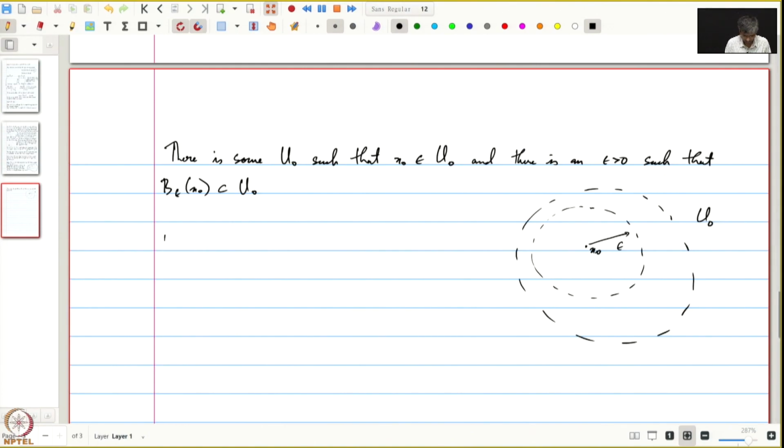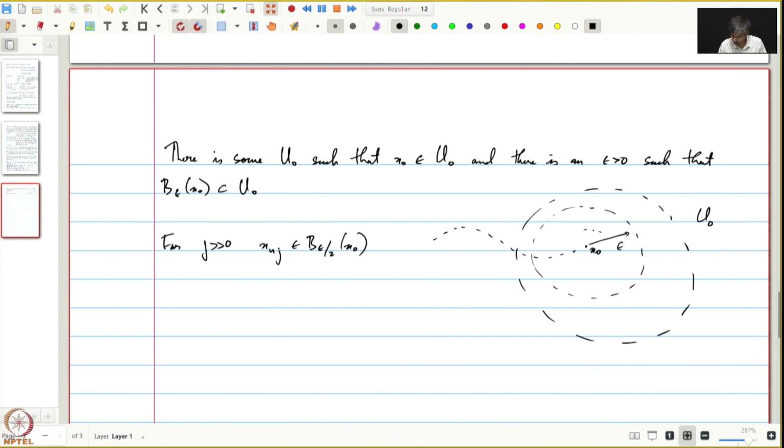Yeah. So for j very large, since our x n j converges to x naught, x n j is going to belong to the ball of radius epsilon by 2 around x naught, right?